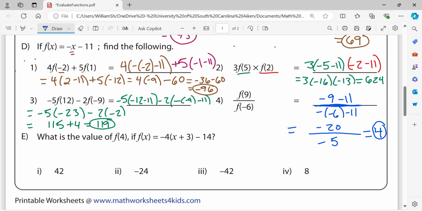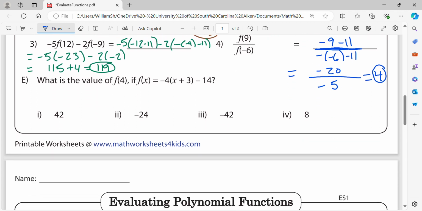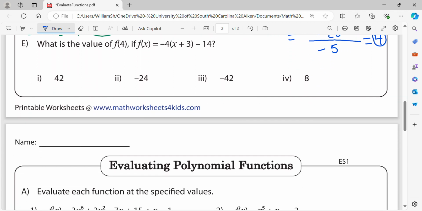Very nice. Alright. Let's try the last one on this page and then get a little more complicated. What is the value of f of 4 if f of x equals negative 4 times x plus 3 minus 14? Okay.